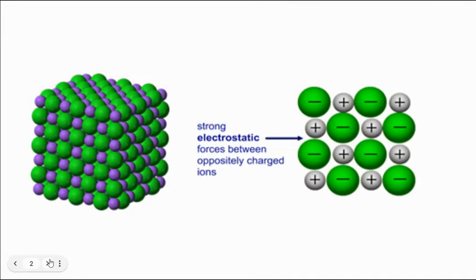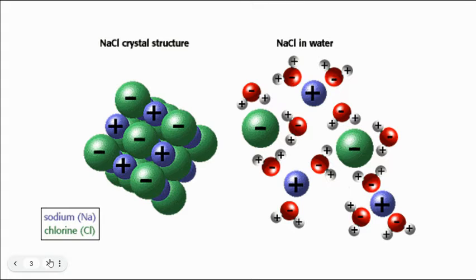Now, when we have structures that form a crystal lattice, we can often break that lattice apart by placing it into water. So here is sodium chloride's crystal structure in its solid state. And if you recall from our first unit, when we dissolve table salt, all of the negative ions end up surrounded by the partial positive charges on the water molecules.